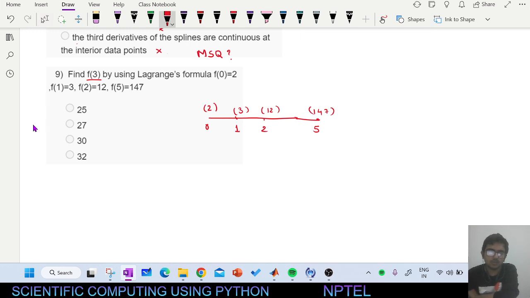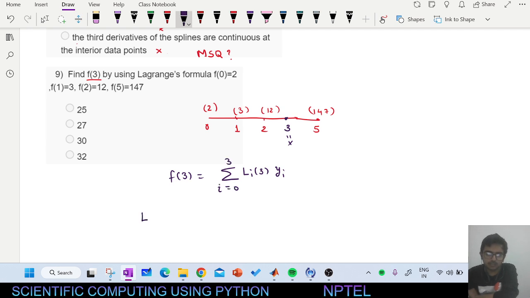What we want to find is at 3, so this is our x. So what's the formula? f of 3 is the sum over Li of 3 times yi, where i is from 0 to 3.